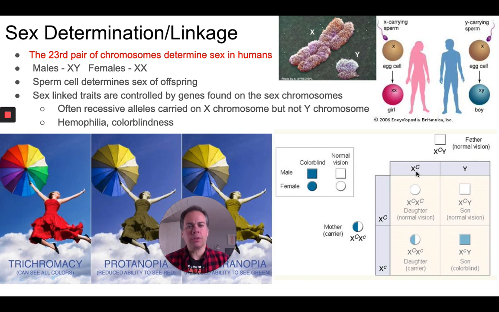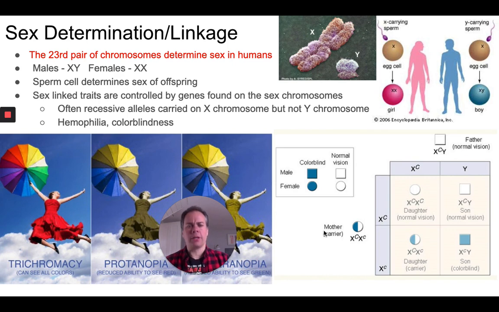Here we're looking at color blindness. We have a father with normal vision, so his sex chromosomes are XY, and on his X chromosome he's carrying the normal allele. The Y chromosome doesn't carry an allele for color blindness.